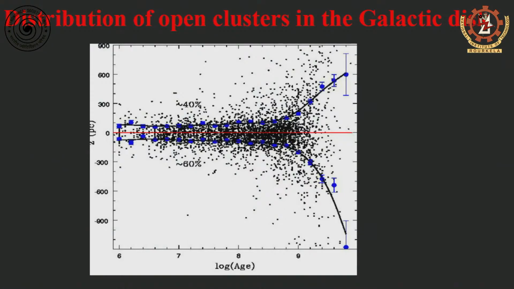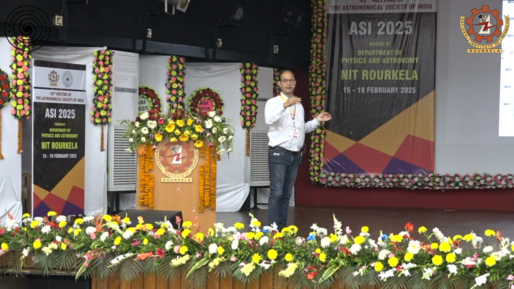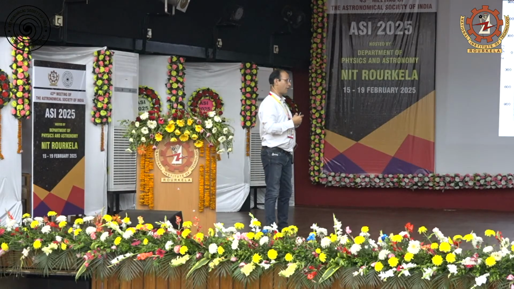So combining both of them, towards the galactic center you have the star clusters, and they are young, very close to the galactic disk, and outside in the anti-center direction, or away in the outer region, these star clusters are scattered. They are going off from the galactic disk, so they are going away.